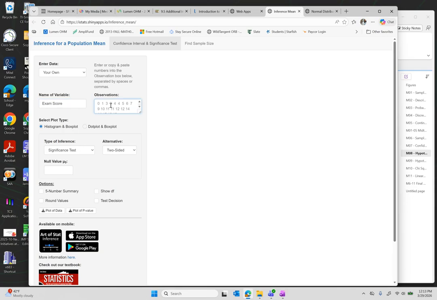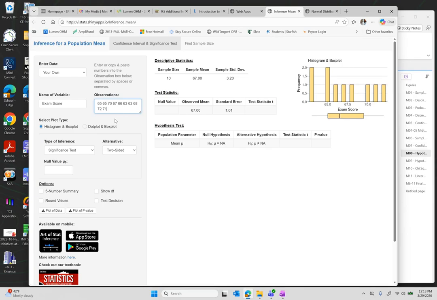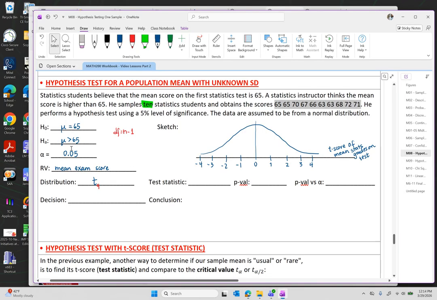And the observations are these, separated by spaces. And I am looking for a right tail test. So this alternative hypothesis, greater than 65, indicates a right tail test.